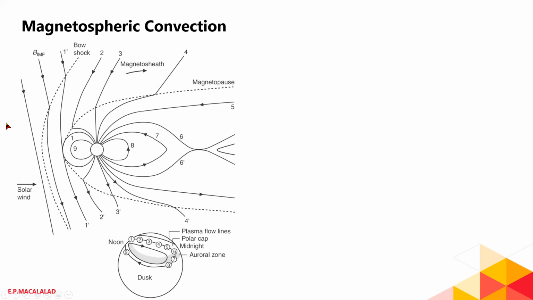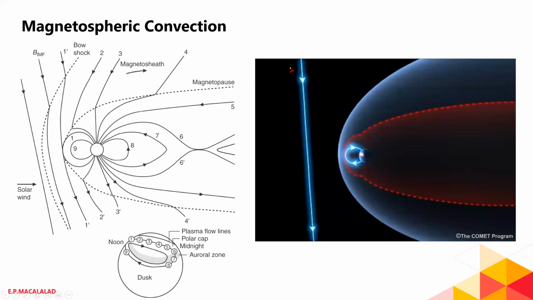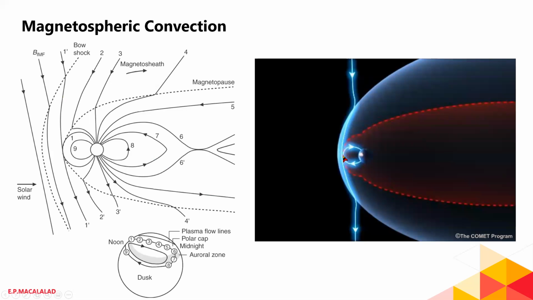So for example, if you have a south pointing magnetic field like this one, moving toward the Earth, as you already know, magnetic reconnection will happen here because of the presence of plasma in this region and the magnetic field pointing in opposite directions. So it reconnects with the northward terrestrial field on the day side of the magnetopause.